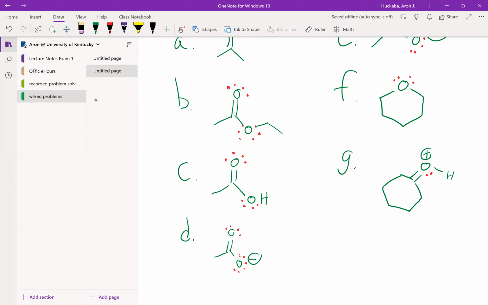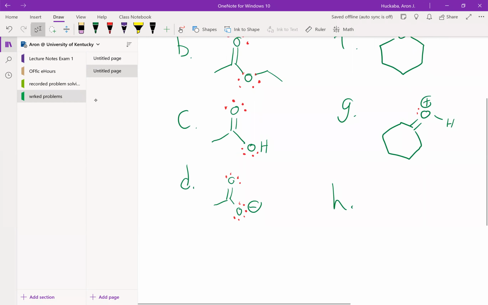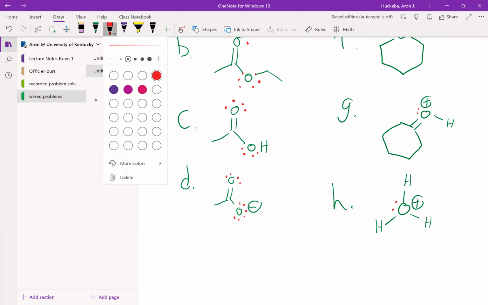Actually, I'm going to draw on the other side. There we are. Okay, almost through here. In H, this oxygen has a charge of +1, and it has 3 bonds, so it has 1 lone pair.